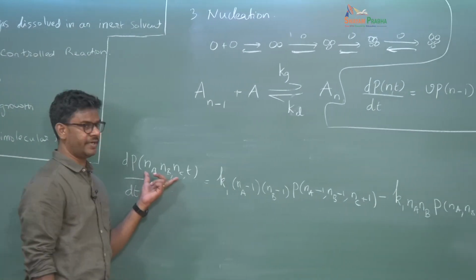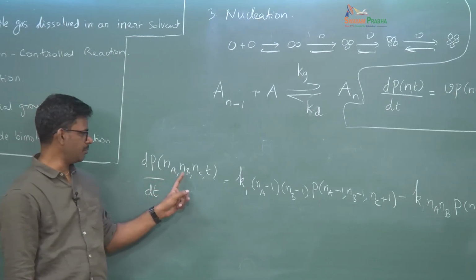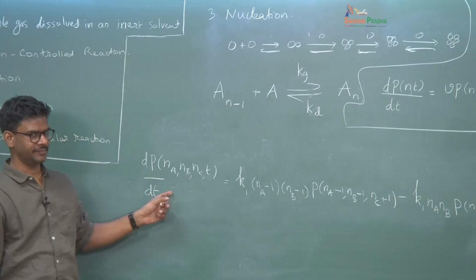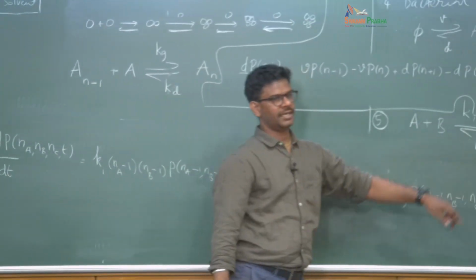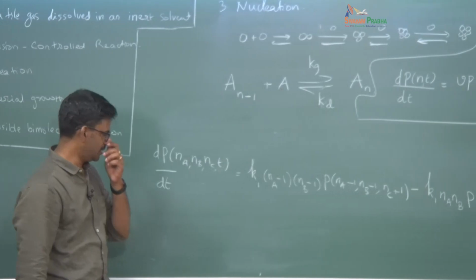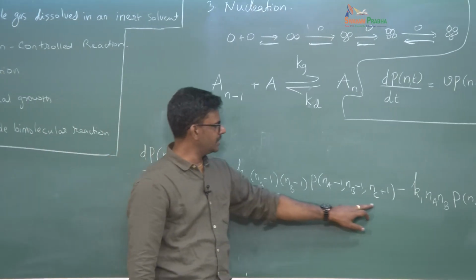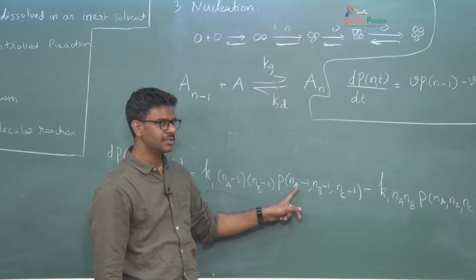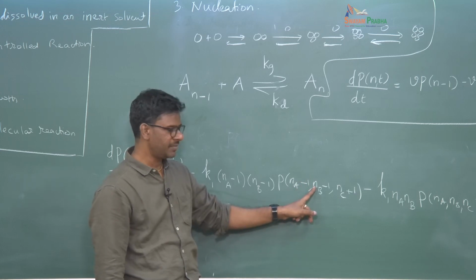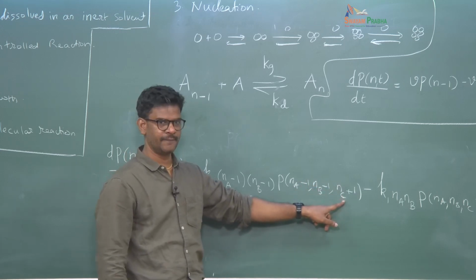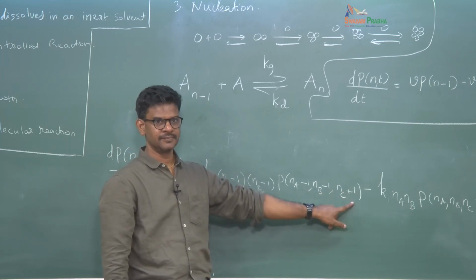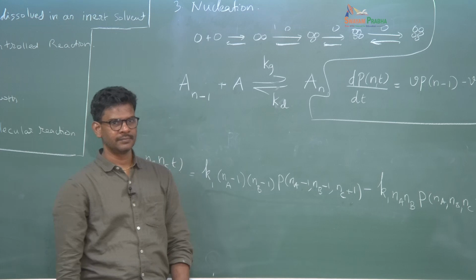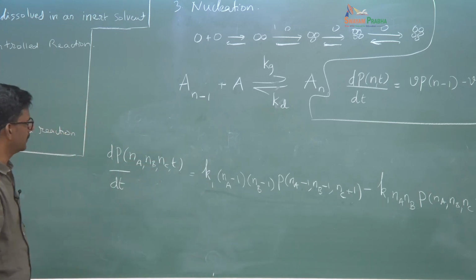So, you want to find out the probability of finding Na, Nb, Nc at time t. The forward reaction can both create and destroy state n. So, if the state is at Na minus 1, Nb minus 1 and Nc plus 1, one forward reaction will take it to Na, Nb and Nc, right? Why is that?